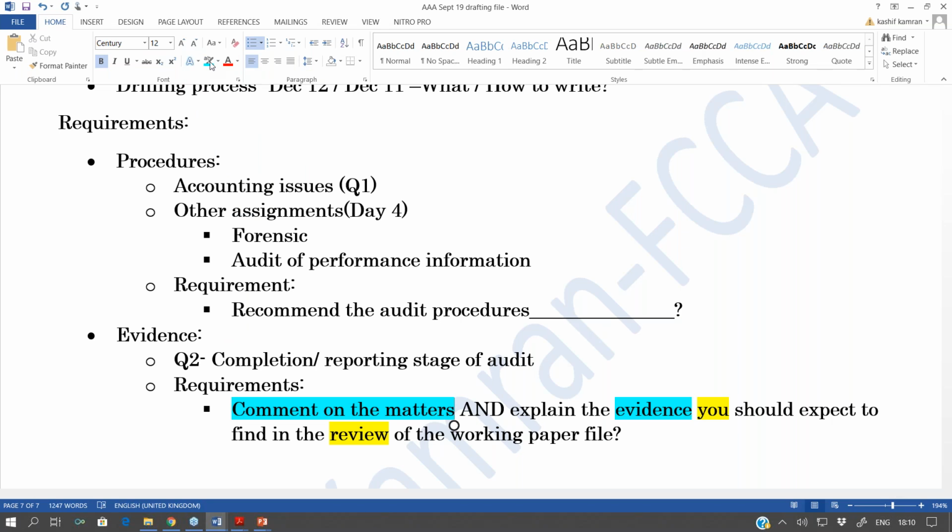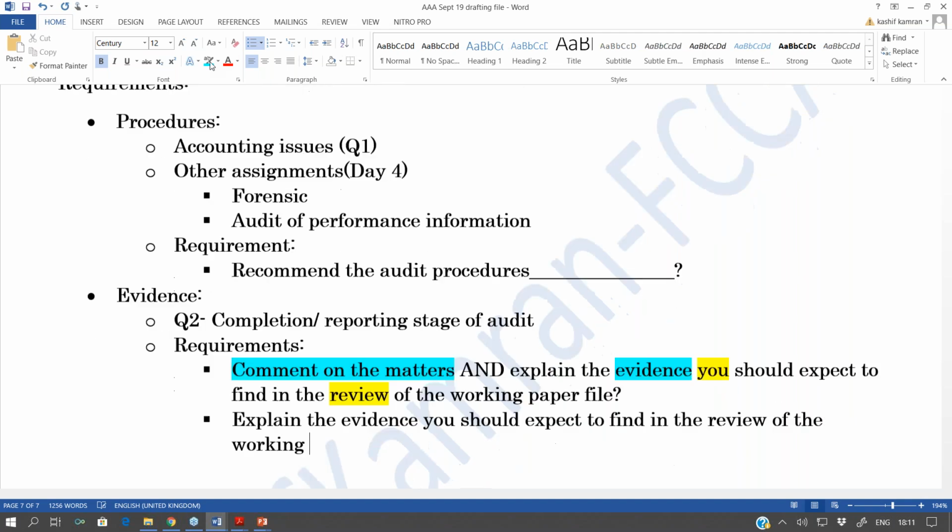That's something which we will get into in the second phase of my discussion today. Exactly what does this mean? So this is the requirement which comes on evidence: comment on the matters and explain the evidence you should expect to find in the review of the working paper file. Or at times, the examiner shortens the question by just simply asking, explain the evidence you should expect to find in the review of the working paper file.